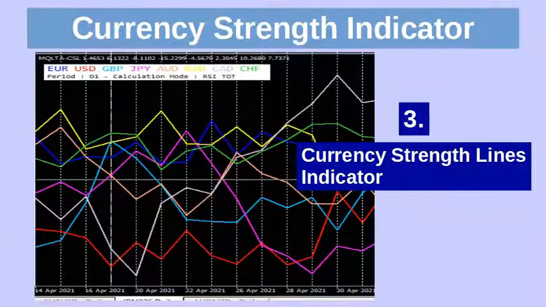We're going to continue with the third tool, and you're going to find this really interesting, guys. Really exciting here. This is called the currency strength lines indicator. There's two or three I use. I'm still trying to figure out which one is the best and which one I will offer you in the near future. And I may even do this at the end of this video.